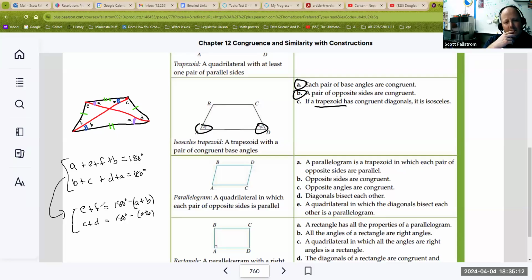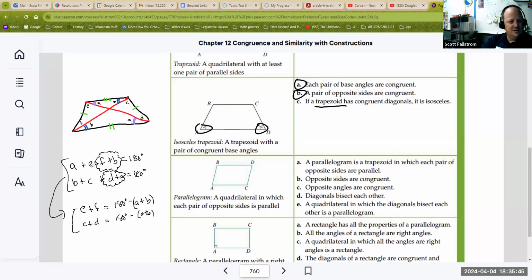Now, do I have anything else? I need to connect A plus D being the same as B plus F. So B plus F has to be the same as A plus D. Okay, so let's see here.